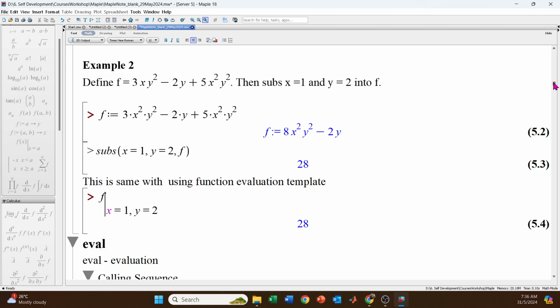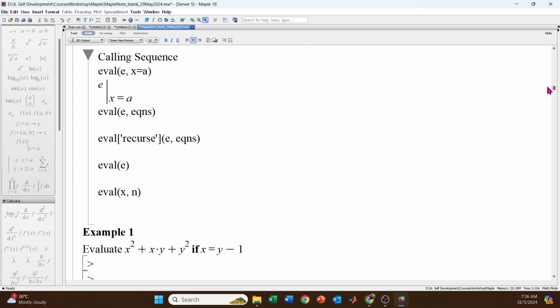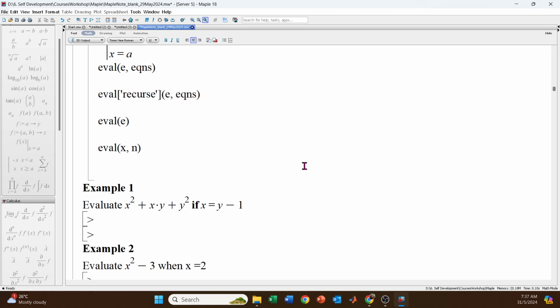So substitute is also equivalent to eval. Eval stands for evaluation. Eval the expression for x equal a. So evaluate x squared plus x times y plus y squared if x equals y minus 1.